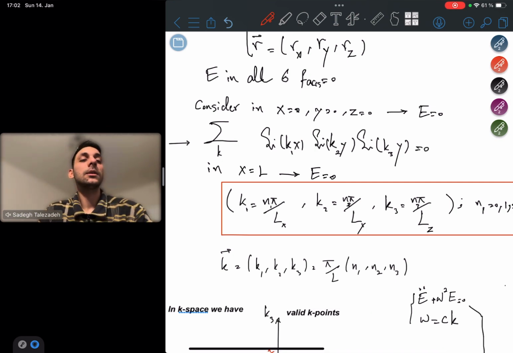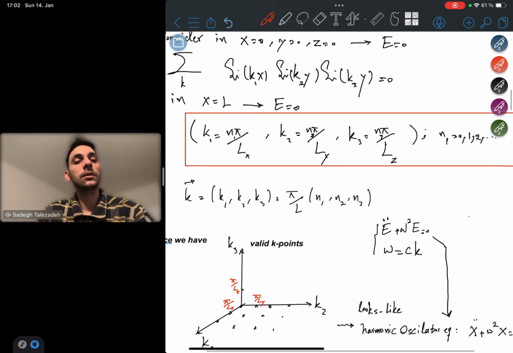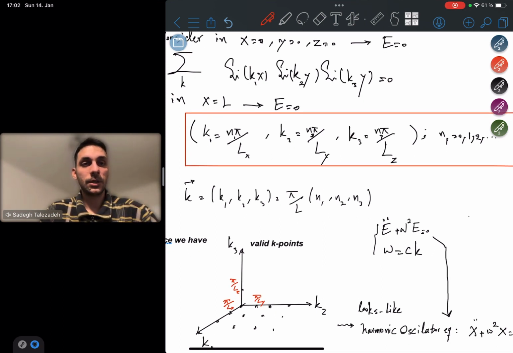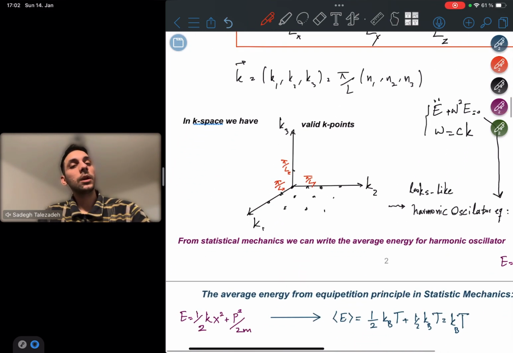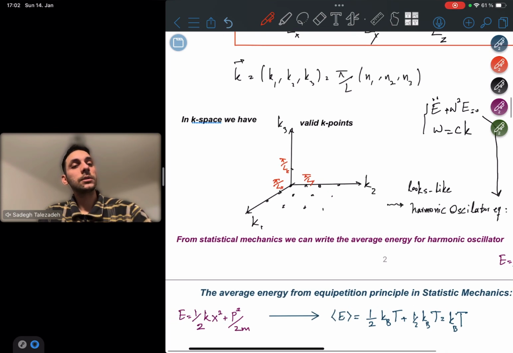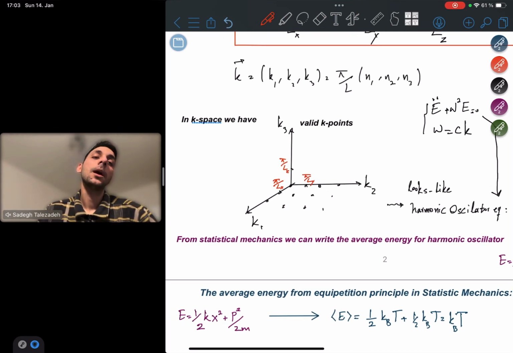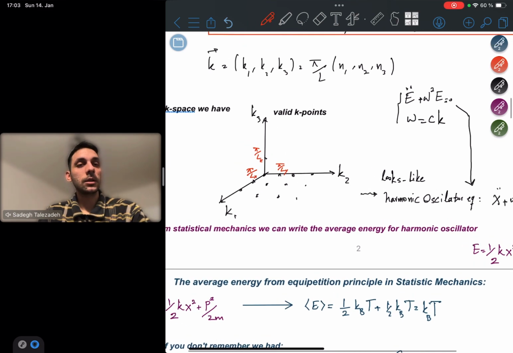From this condition we get the wave numbers in different directions, which are proportional to pi over the length of each direction. If we visualize this in k space, the valid k points would be proportional to pi over L, and our valid k points are discrete.